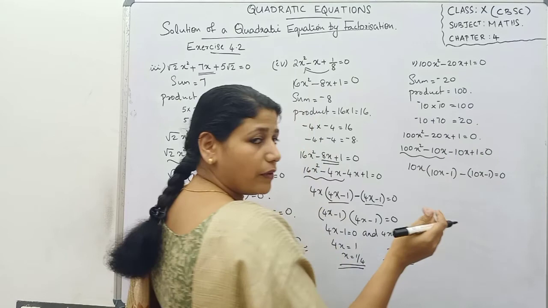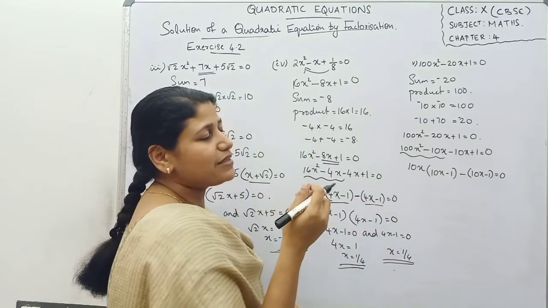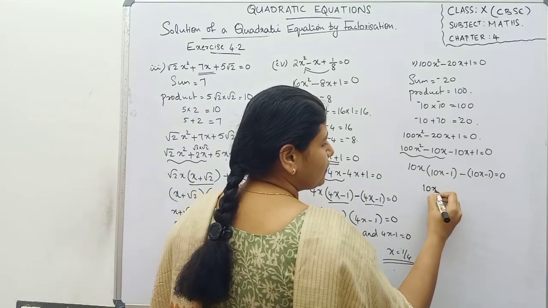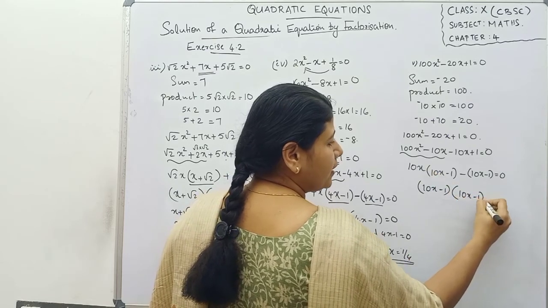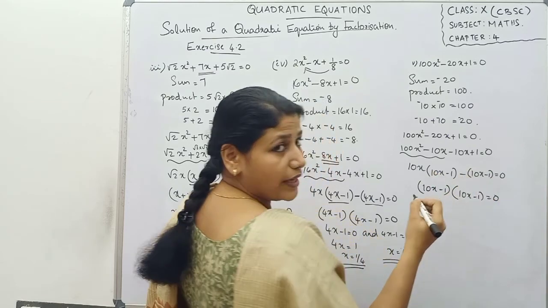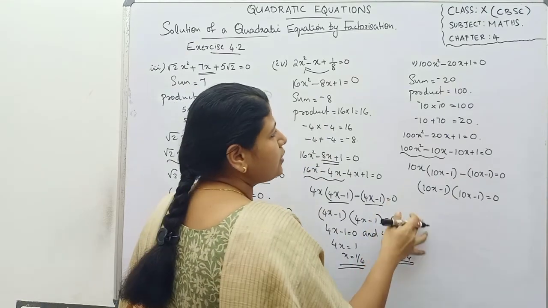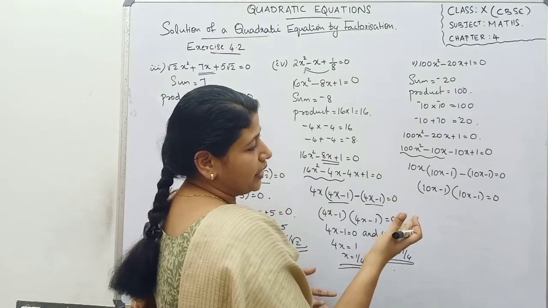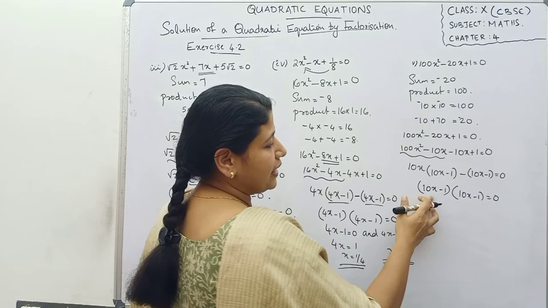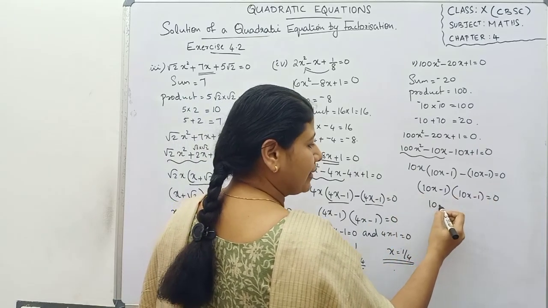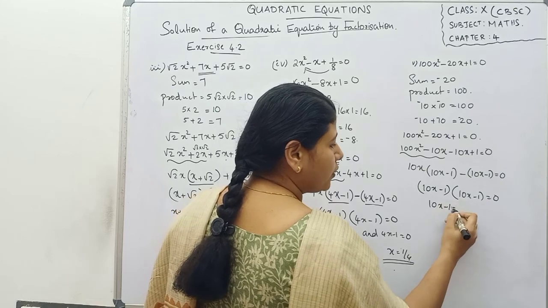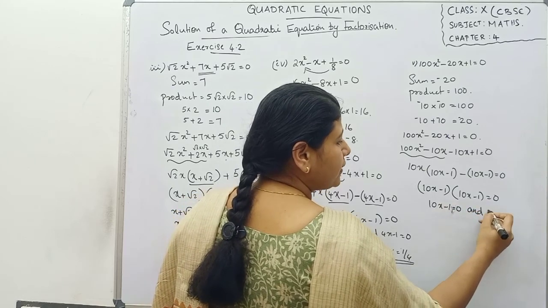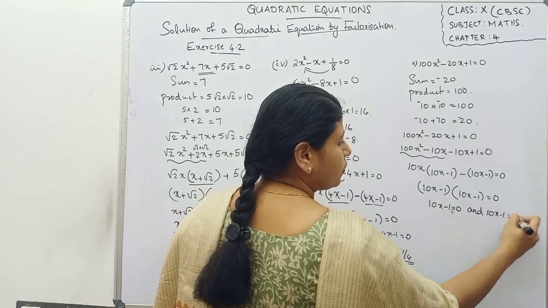So here the common factor is 10x minus 1. Into here, 10x is there, minus 1 equal to 0. No number is there, that's why we are taking 1. This is also the identity a minus b whole square, that is 10x minus 1 whole square, or you can write like this itself. 10x minus 1 equal to 0 and again this 10x minus 1 equal to 0.